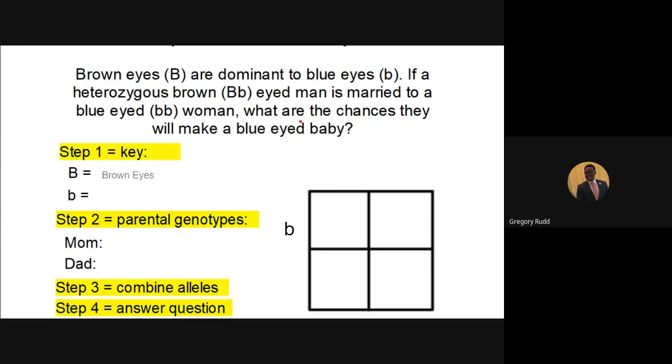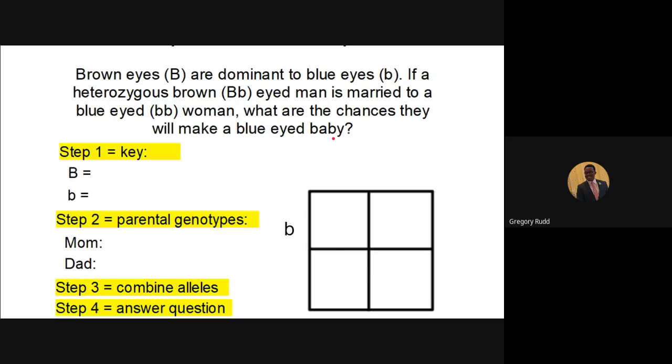So let's finish up with some additional practice. It says brown eyes are dominant to blue eyes. If a heterozygous brown-eyed man, heterozygous, so I've got one capital and one lowercase, they're different, is married to a blue-eyed woman, she's homozygous recessive, two lowercase letters, what are the chances they will make a blue-eyed baby?